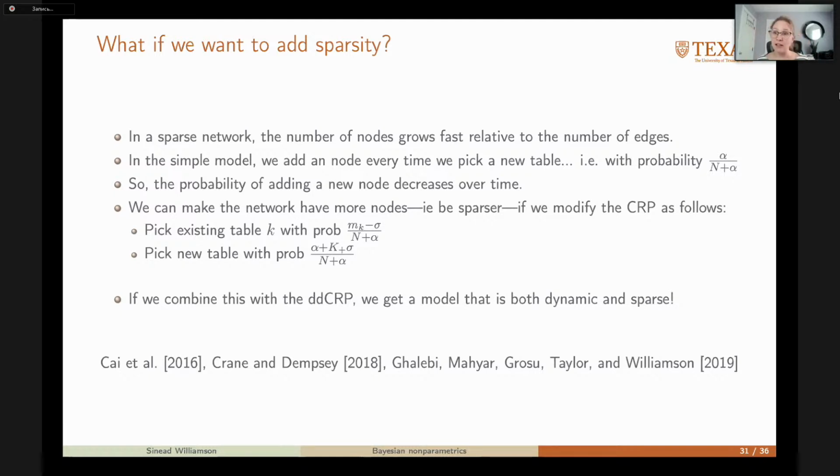If we never add any new nodes, we're going to be dense because we're going to have more edges than we have nodes. Now, the mixture of Dirichlet network distributions does not actually generate sparse graphs, right? The rate at which we add nodes is not quick enough to make it sparse, right? So we're adding edges one by one, but we're not adding nodes quickly enough to stop it becoming dense.